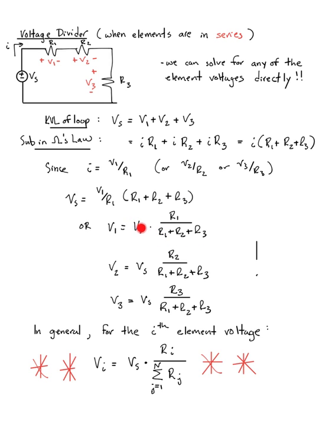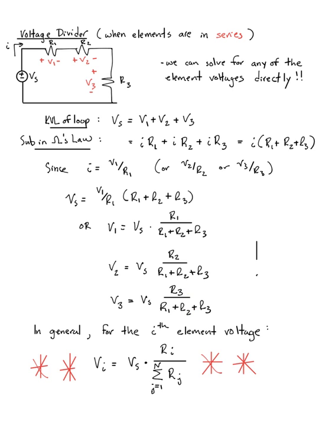We know that it has to be smaller than Vs because Vs is the only voltage source we have in this loop. And the fraction is given as R1 over the sum of all resistors. Likewise, we can do so for V2 or V3. V2 is just Vs times R2 over the sum. V3 is Vs times R3 over the sum.